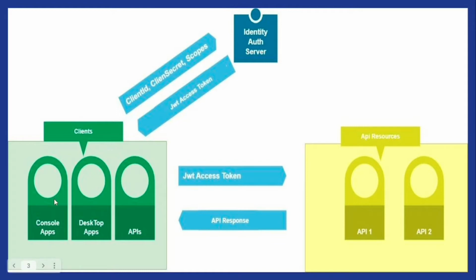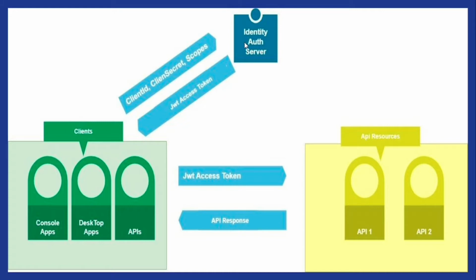Client applications send a client ID, client secret, and scope. Scope is nothing but a permission to access a particular protected API. The scope is optional to send from the client, because the identity database already contains all the information regarding every client.